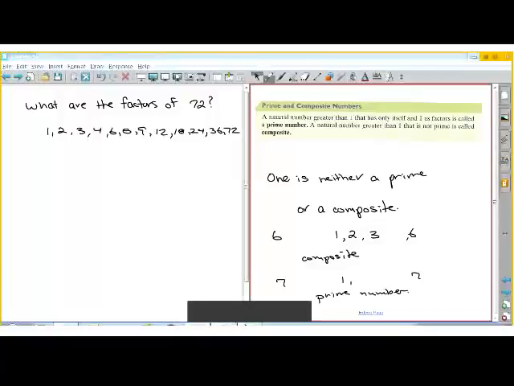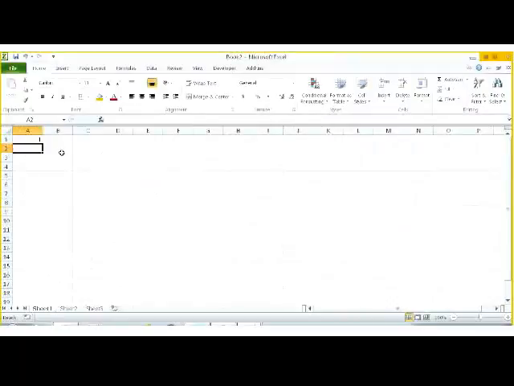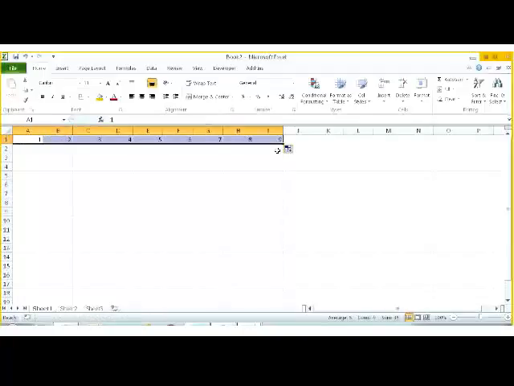Let me do it by making up a spreadsheet. And I'm going to share this. So what I'm going to do is make up a spreadsheet with numbers from 1 to 100 and be prepared.